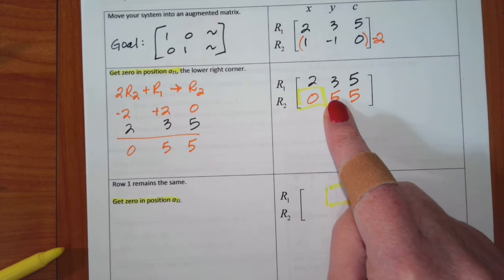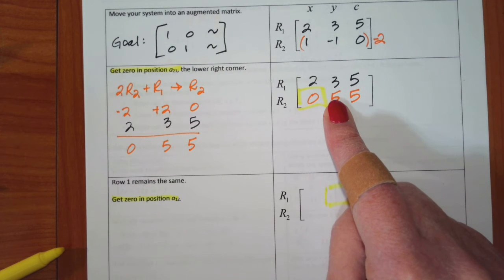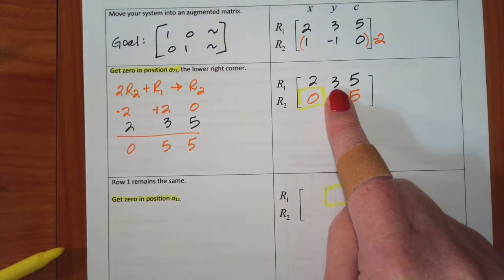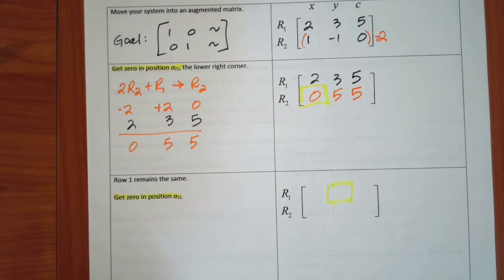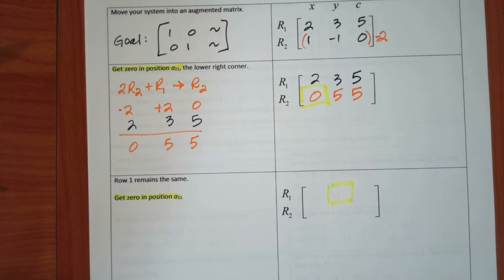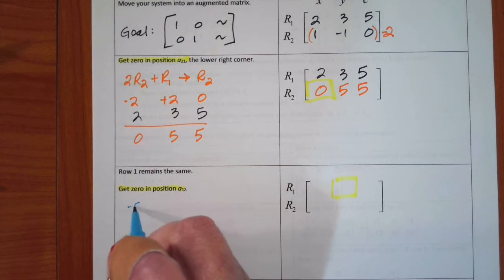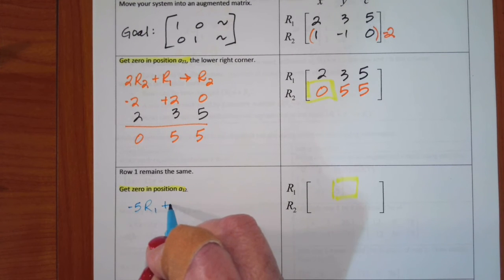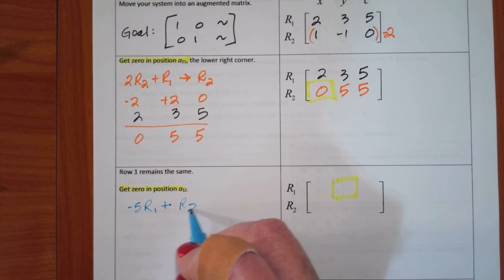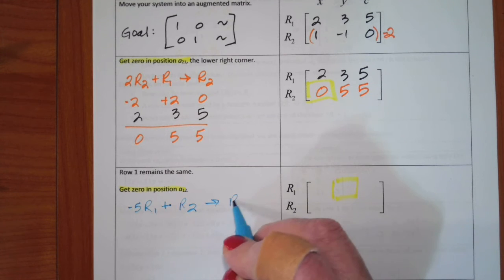Well, the LCM of 3 and 5 is 15. Okay, so I think I'll make the top one negative. So I'm going to do -5 times R1 plus 3 times R2 and turn that into R1.